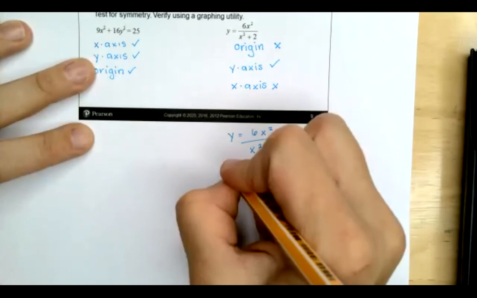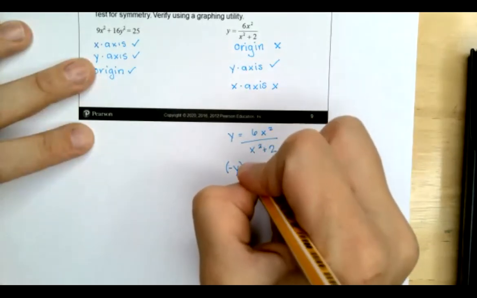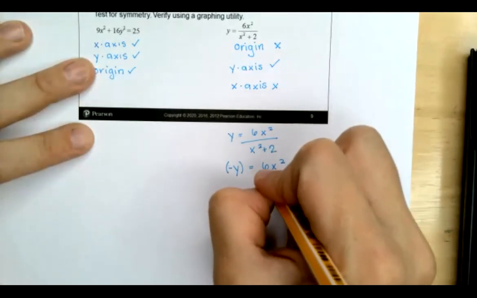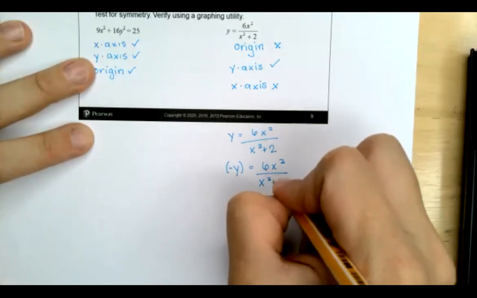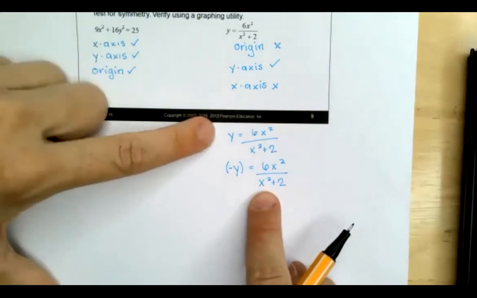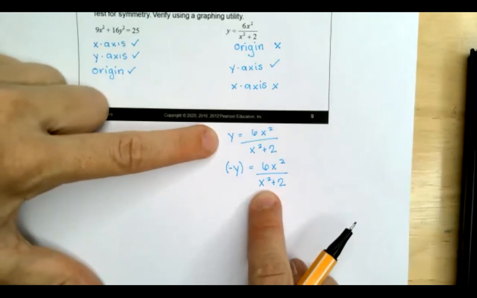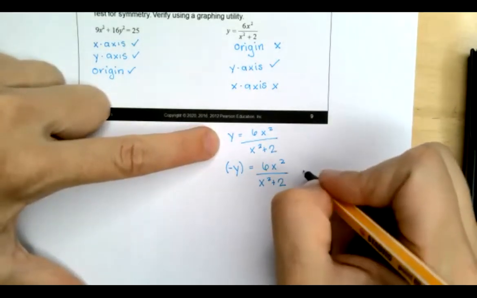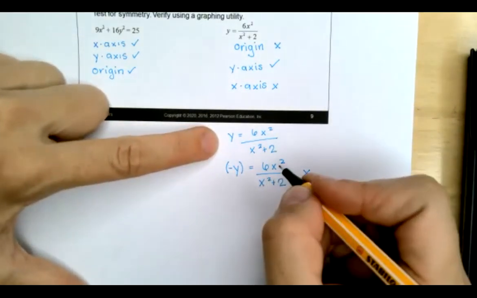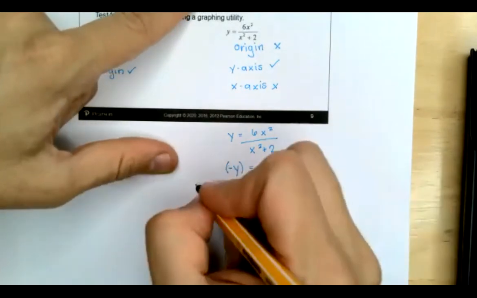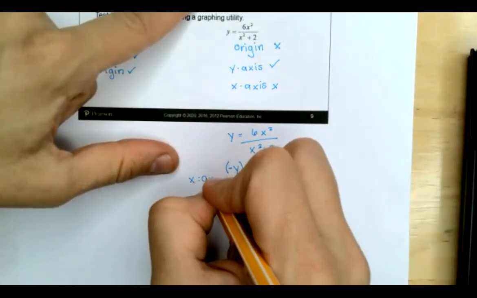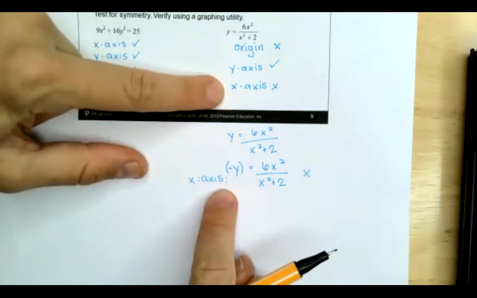So instead of y, now I have negative y equals 6x squared over x squared plus 2. Does that simplify to the exact same equation? It does not, right? So that is not symmetric on the x-axis, which is also what our graph showed.